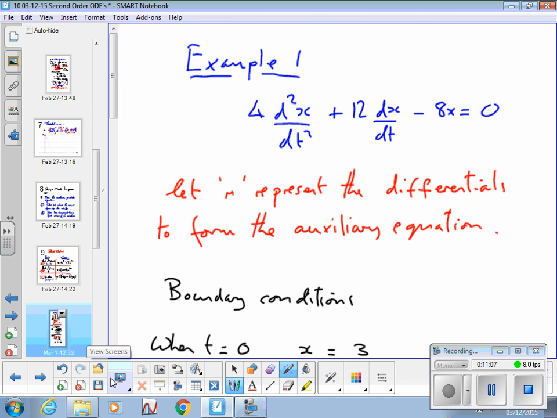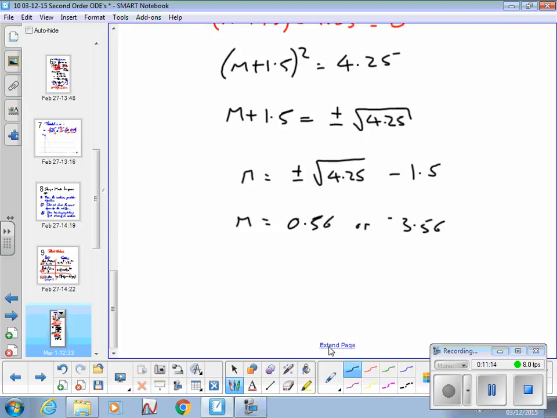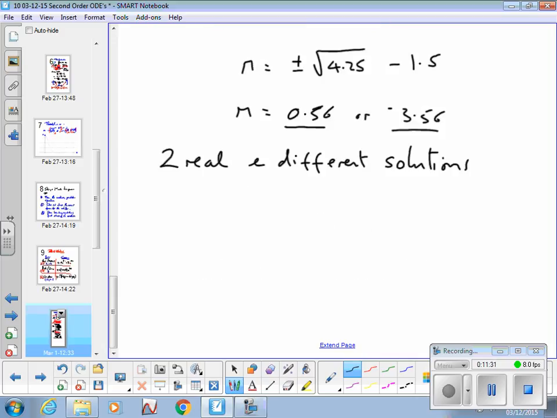So I can go back to my example and say, therefore, I have two real and different solutions, and there they are, 0.56 or minus 3.56, so therefore y equals a e to the k1 x plus b e to the k2 x, where x is our variable.